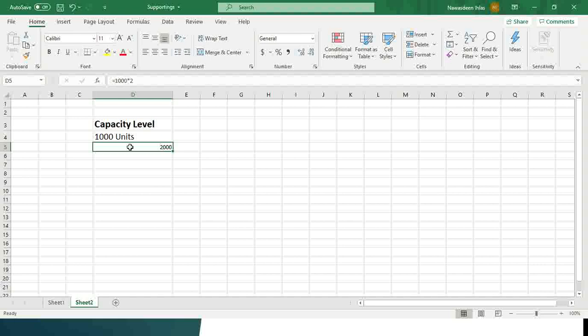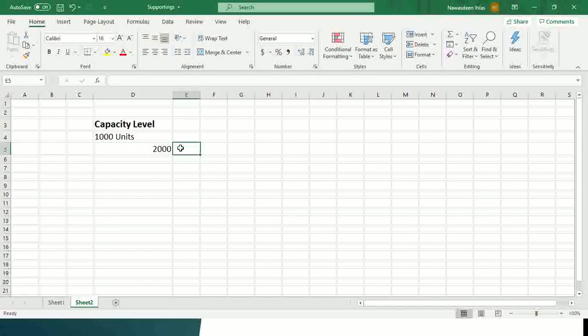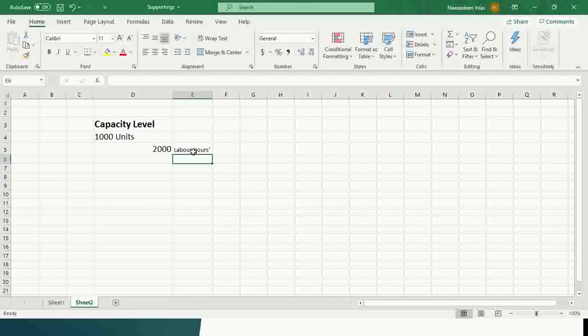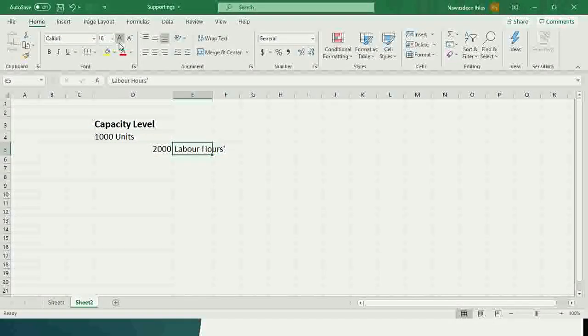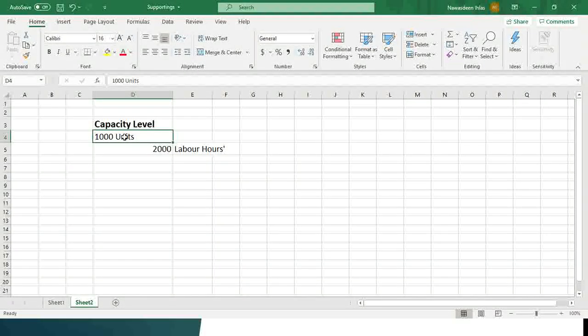So the capacity we can describe in this way as well. Our capacity level will be 2000 labor hours. So for the particular period we can produce only 1000 units, that is our capacity. Or in labor hour terms we can define it as we are having only 2000 labor hours for that particular period.